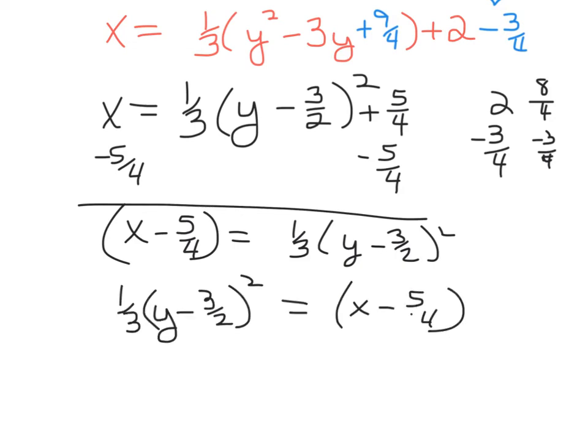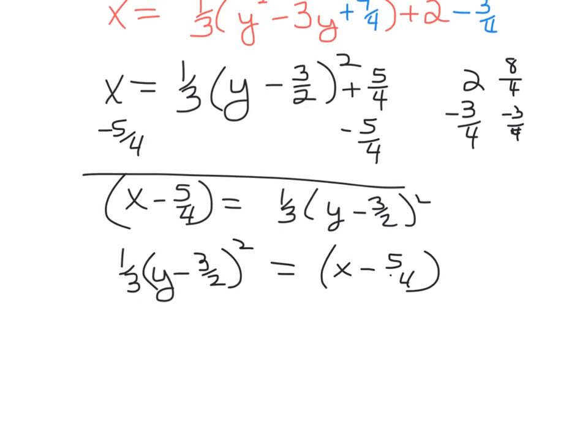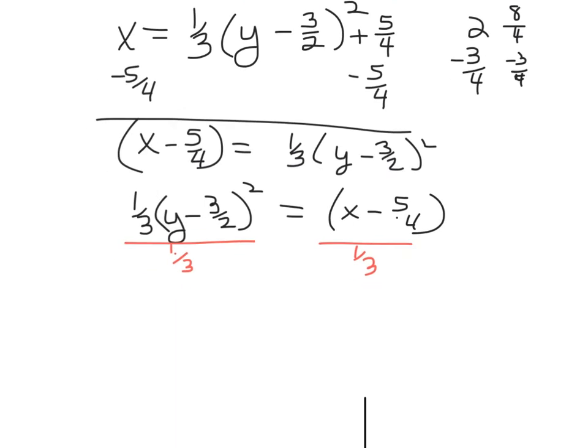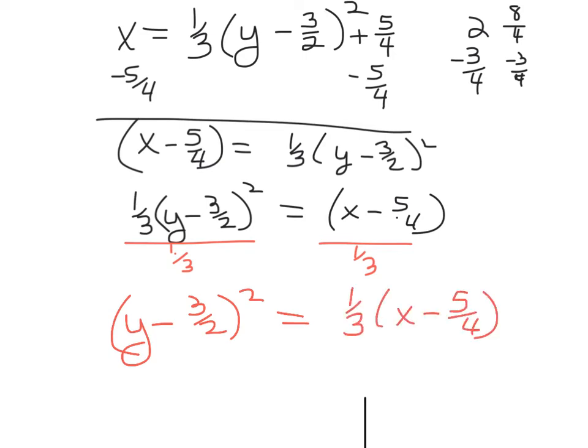I need to divide by 1/3 to get that over to the other side. So dividing by 1/3 is really multiplying by the reciprocal, which is 3. So this would become y minus 3/2 squared equals 1/3 x minus 5 over 4.